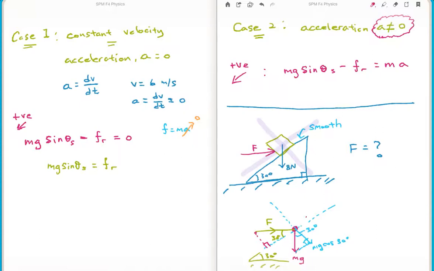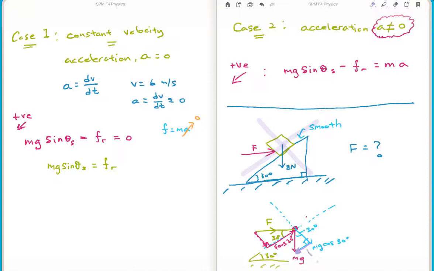So here, therefore, I will have your F cos 30. Right? So this F cos 30 must be the same as this one, right?